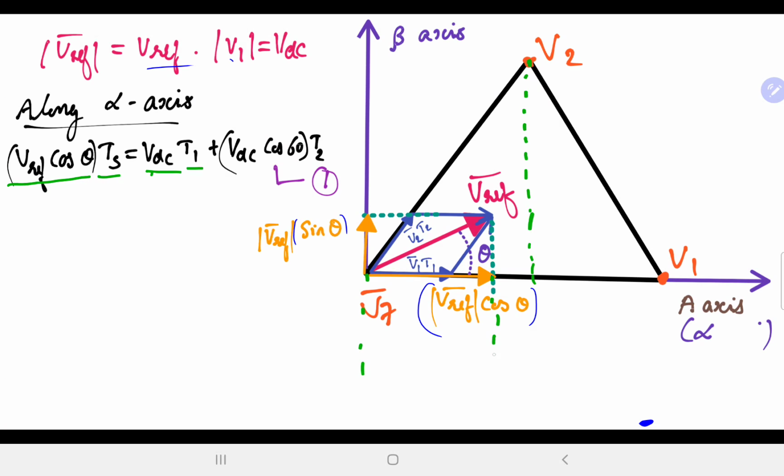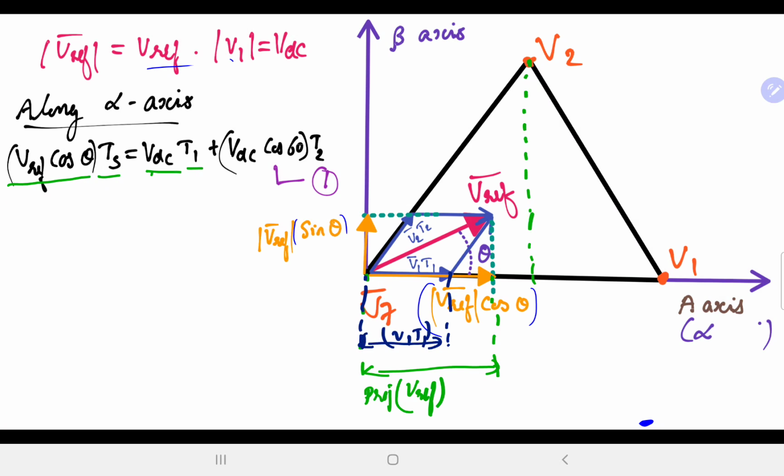Okay, so vref will have two components. This is the projection of vref in this direction, and this is the projection of v1 in this direction, v1 t1.